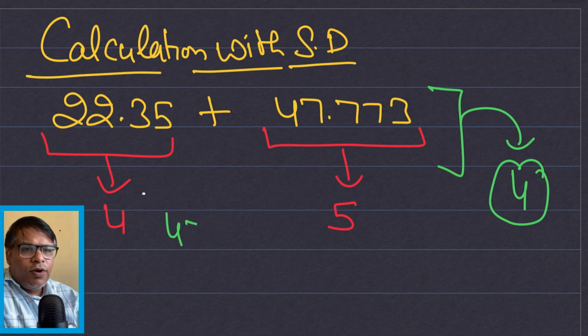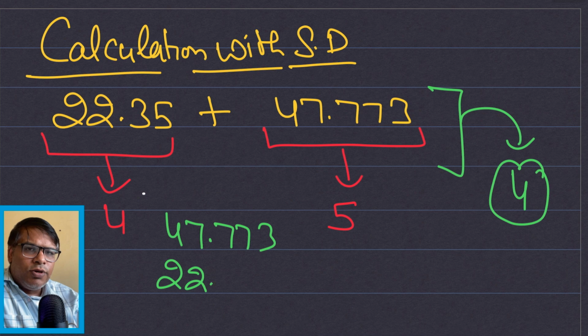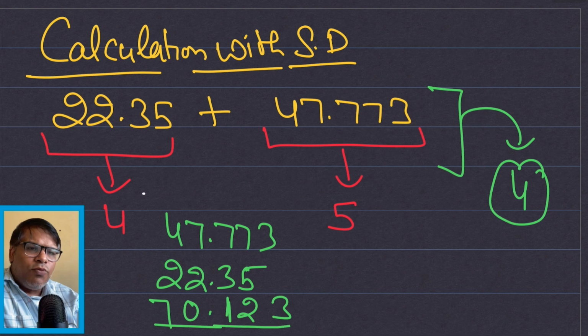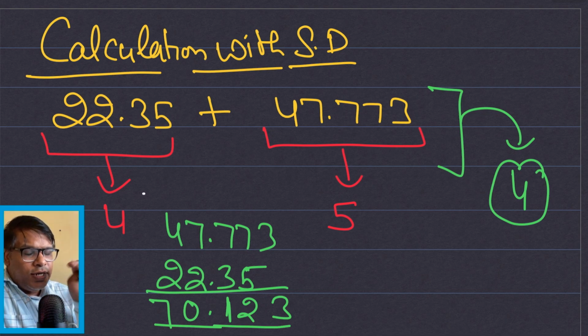Now if you add 47.773 and 22.35, your answer will come out like this: 70.123. Now you have to report the final answer in terms of 4 significant digits.